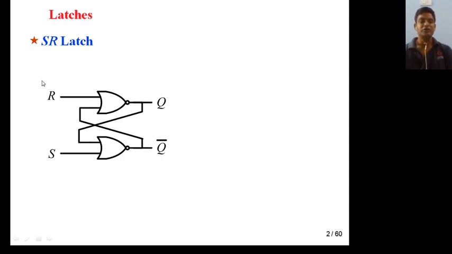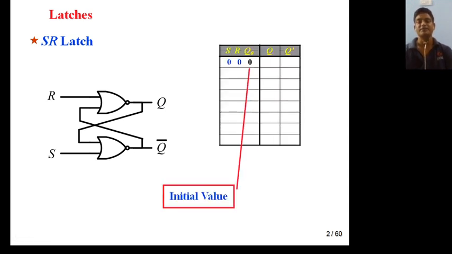Now there are two inputs, S and R, and there is one Q, which is your present state. So there are total 8 combinations. This is SR and this is Q0.